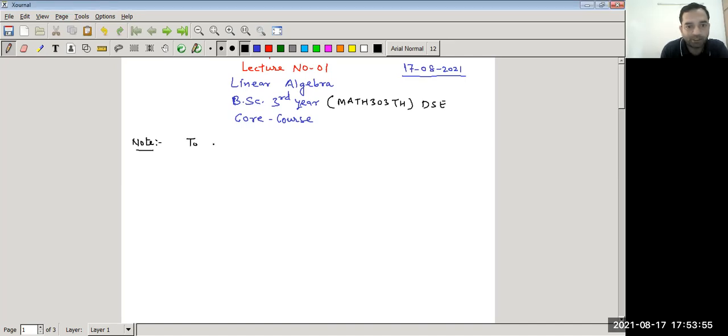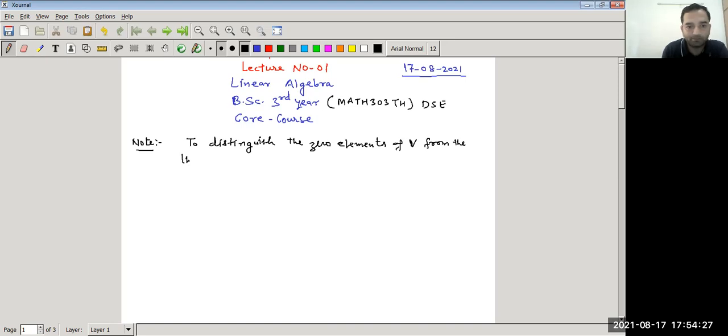To distinguish the zero elements of V, vector space V. This V is a vector, right?